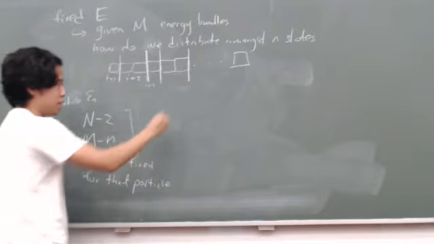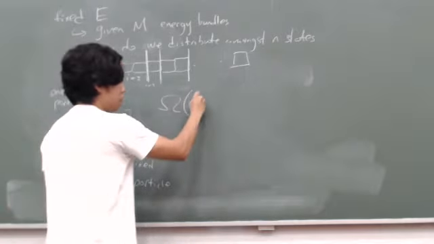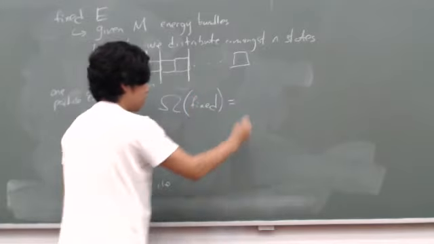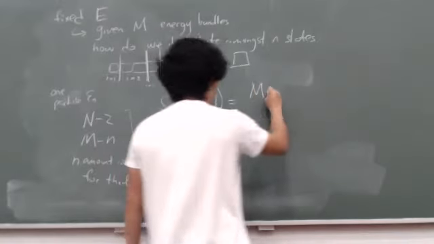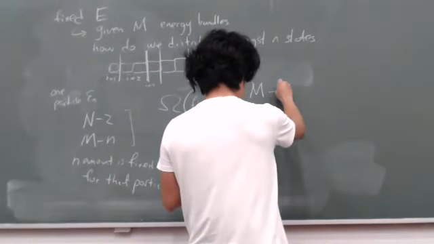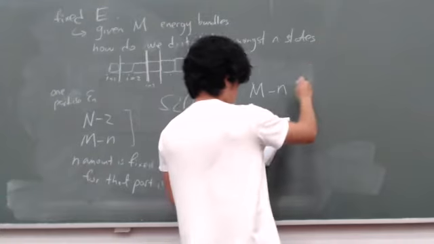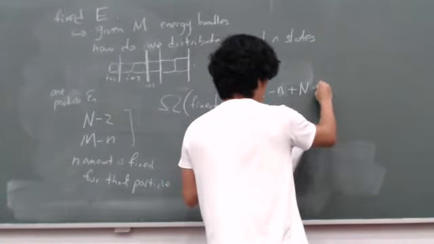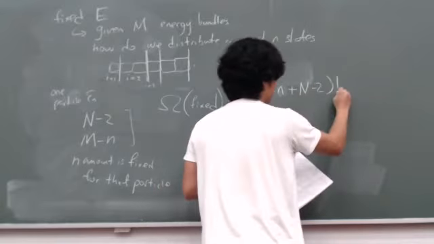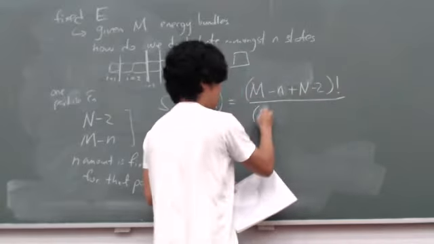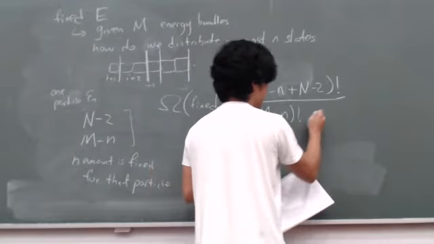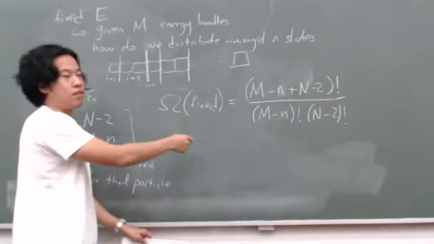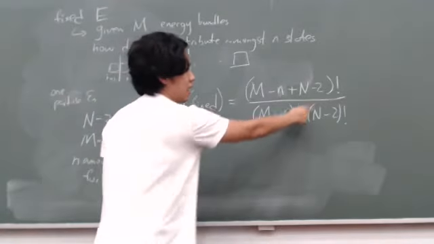So now the number of microstates that corresponds to having one particle fixed is just combinatorics of these two things left. So omega of the fixed particle is equal to (M minus n plus N minus 2) factorial divided by (M minus n) factorial (N minus 2) factorial. So it's the same as before, except I just subtracted off this little n and an additional divider.